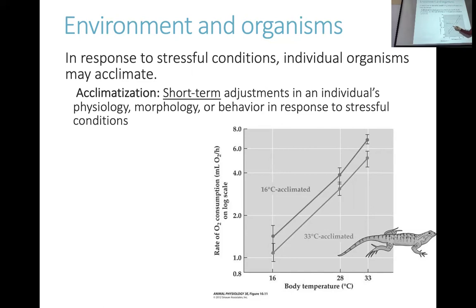And obviously this temperature can change pretty quickly, and they can change their oxygen consumption in relation to that quickly and over the short term. So not like evolutionary time scale, maybe within a day, nighttime, daytime, for example. So they'll change their oxygen consumption in response to that change in stress in reference to the temperature change.